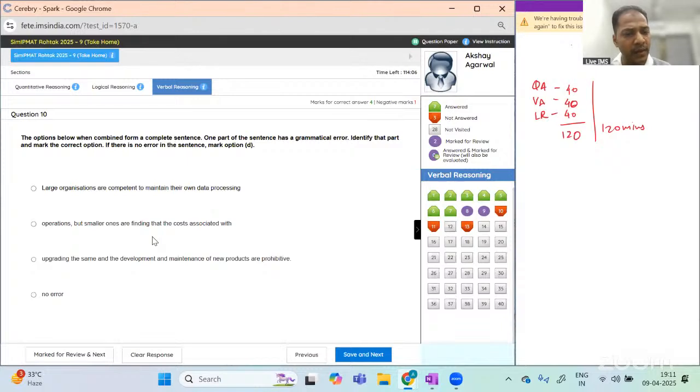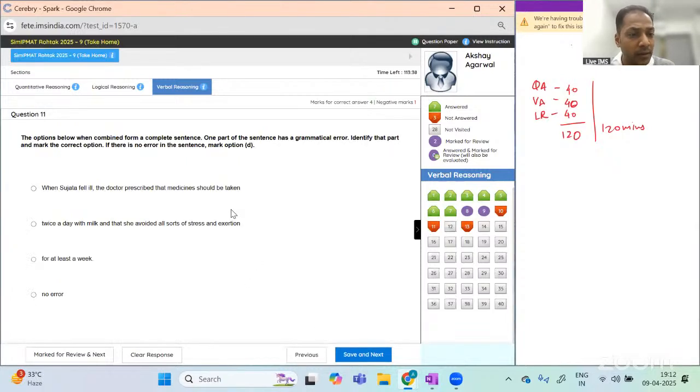Smaller ones are finding that the costs associated with upgrading the same and the development and maintenance of new products are prohibitive. Large organizations are competent enough to maintain their own. Okay, I'm still not sure.